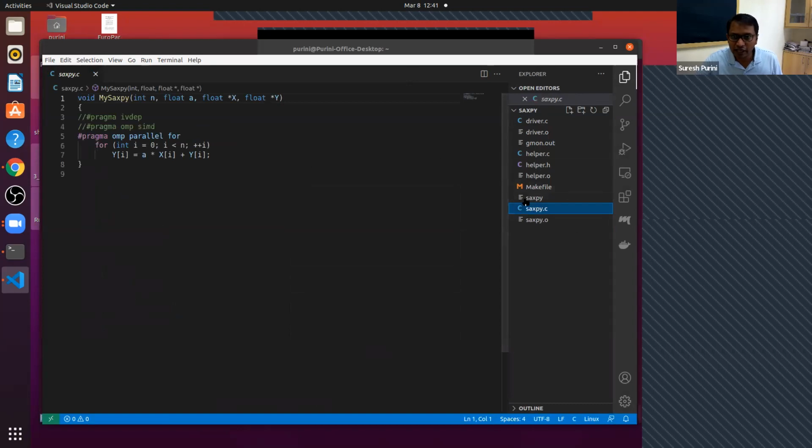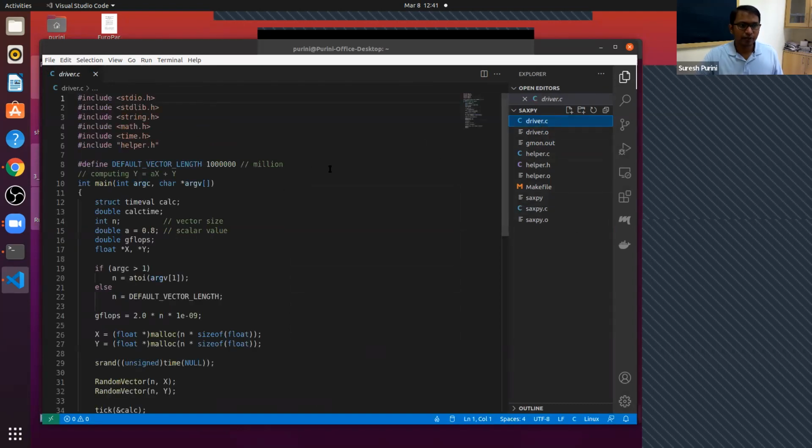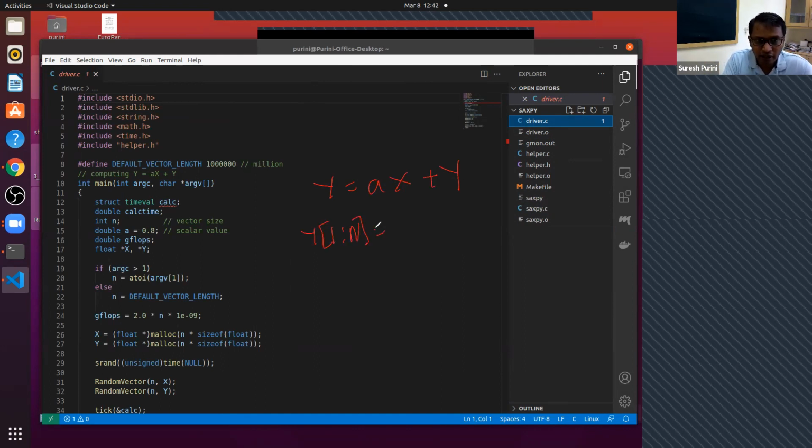There is driver.c. So here we want to do this computation: y is equal to a times x plus y, where y is a vector of 1 to n, and you take a and you scale the vector x, and then you add the vector y, and store it back in y.